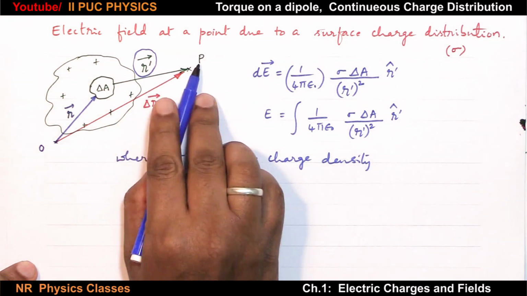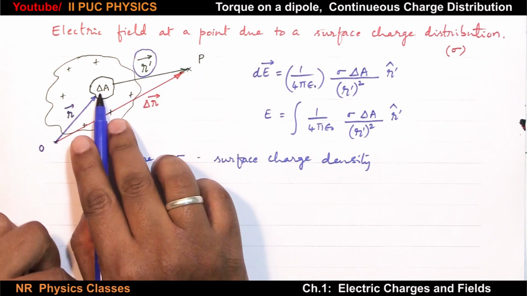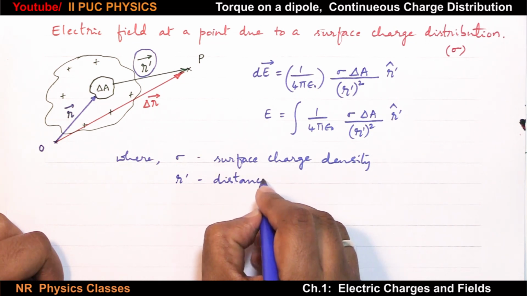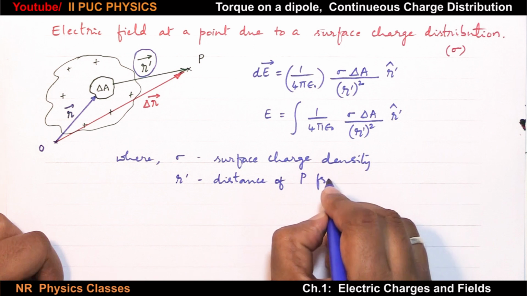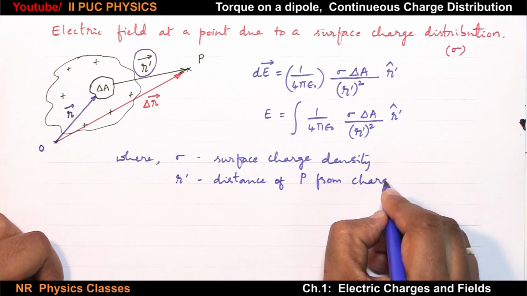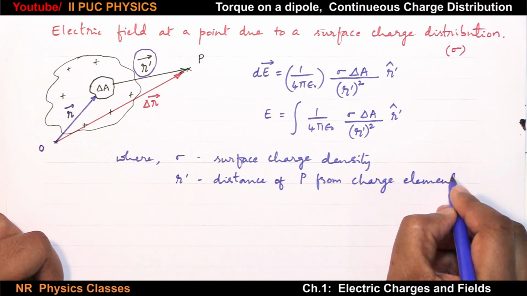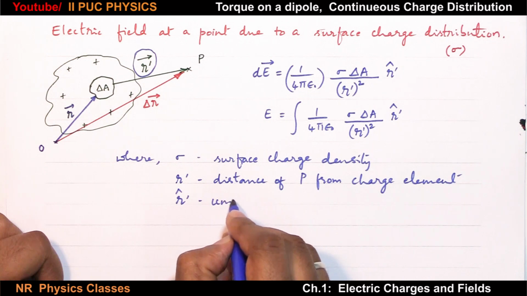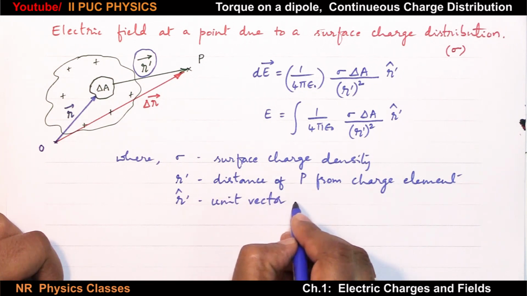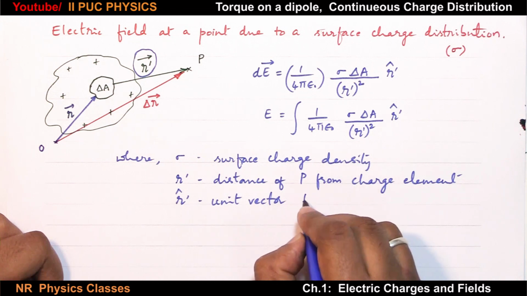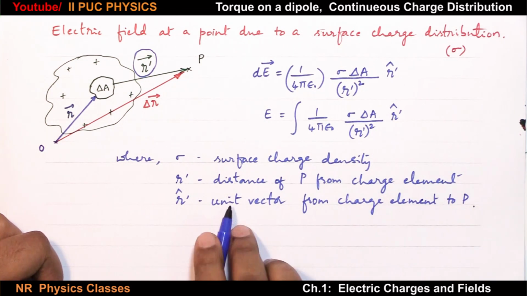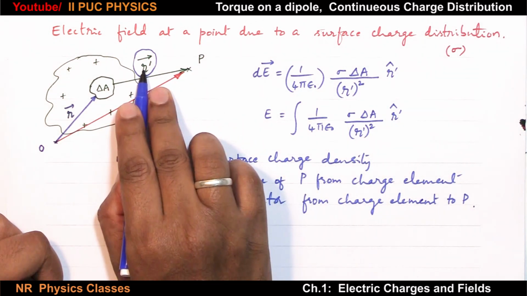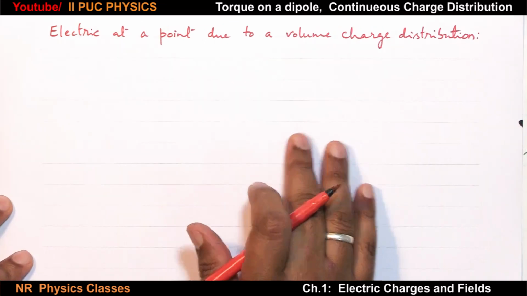It is the distance of P from the charge delta Q, the distance of P from, call it, the charge element. And what is R dash cap? It is the unit vector from the charge element to P. This distance matters. Therefore R dash.